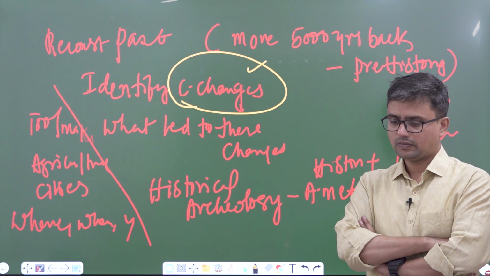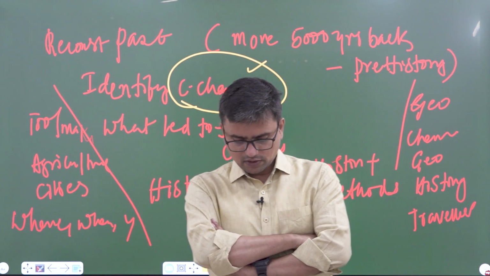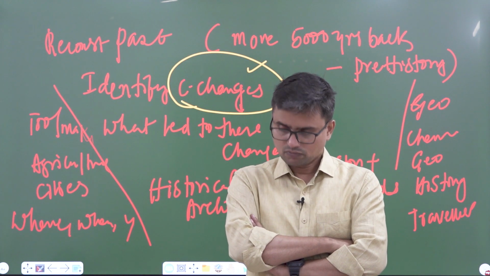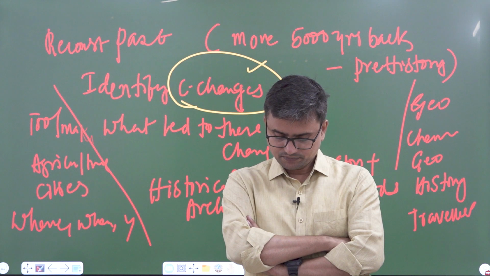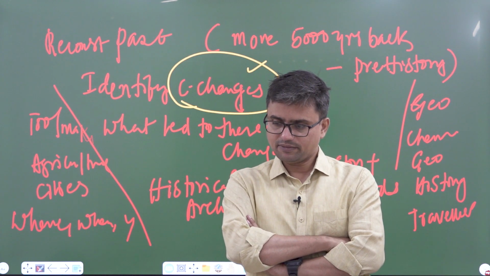Now, to infer when agriculture first developed, they use methods originally developed by chemists.